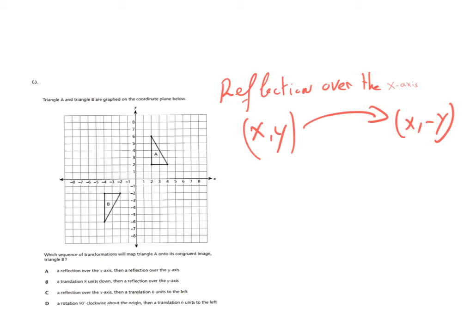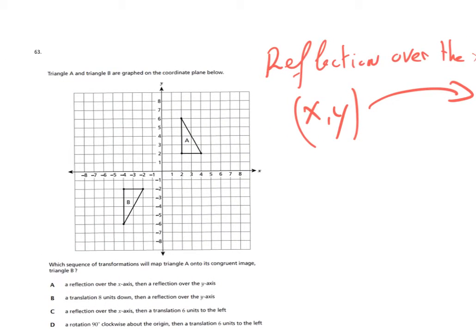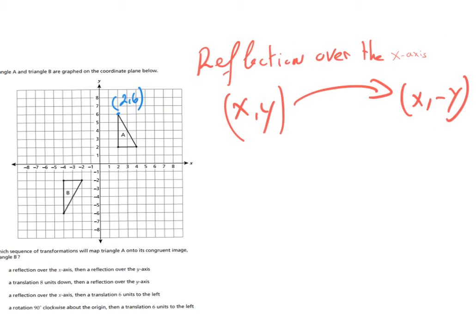For example, let's suppose I have this point here, which is (2, 6), right? If I want a reflection about the x-axis, (2, 6) will be (2, -6), okay?